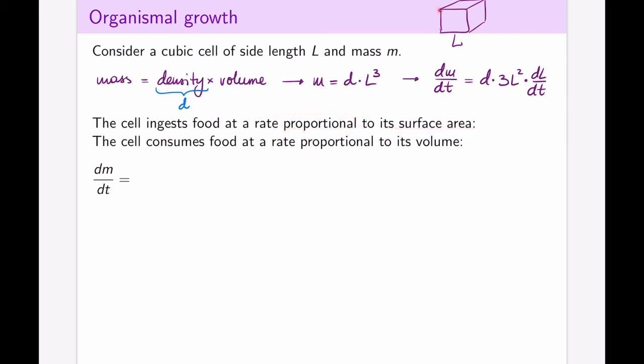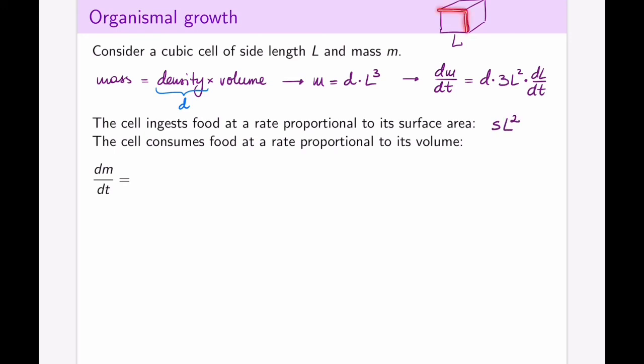The surface area of the cube is all of the faces of the cube, each one of which has area L squared. Now, there are 6 of them, but I also have the proportionality constant for the ingestion, so I'm going to call this proportionality constant S, and so the whole thing is going to be proportional to SL squared.